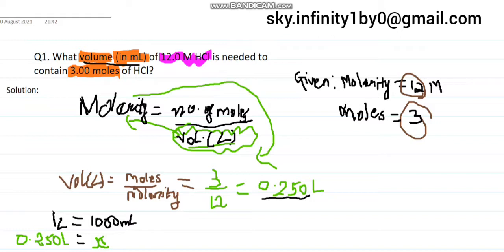By cross multiplication, we get the answer over here as X equals 1000 into 0.250.